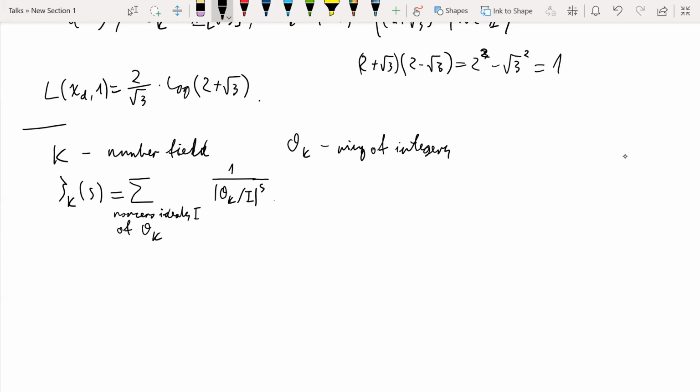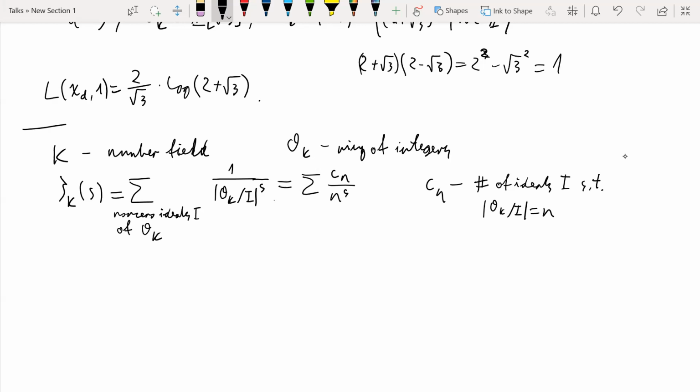And also let me mention that even though it seems to be written in quite a different way than what we had before, because we are summing over those ideals, it can also be written as a Dirichlet series of Cn over n to the s, where Cn is the number of ideals I such that O of K over I is equal to n.